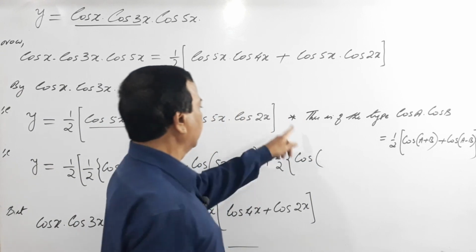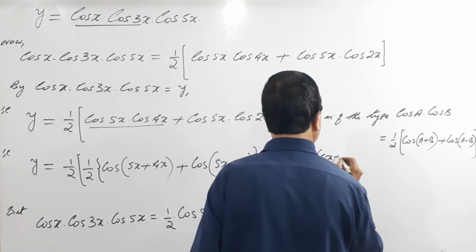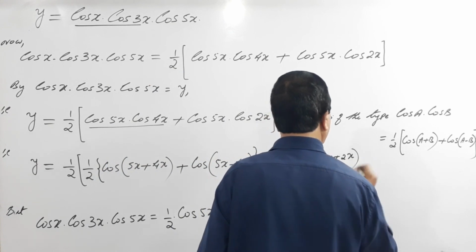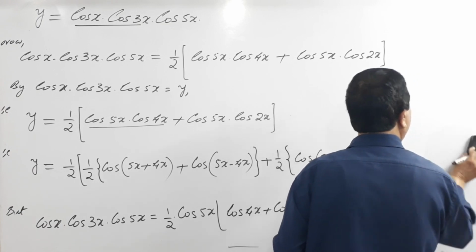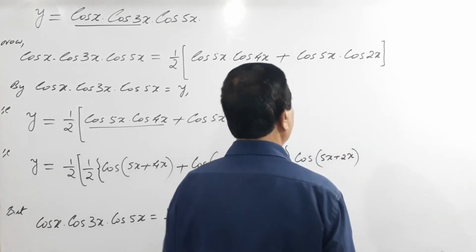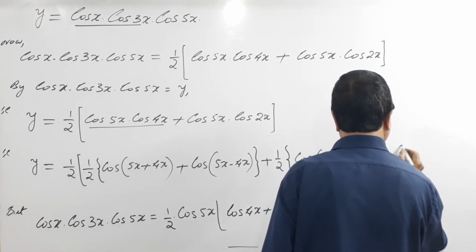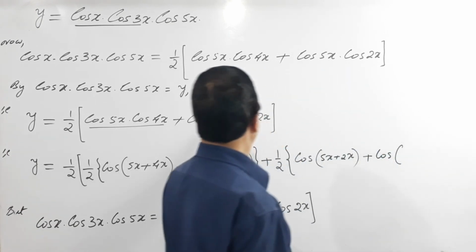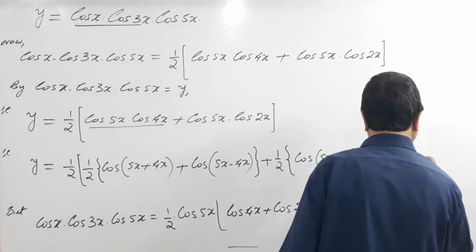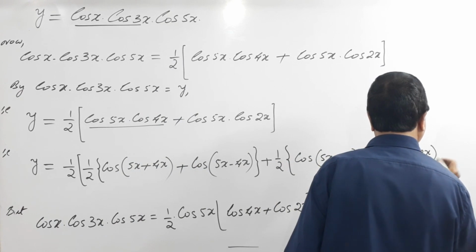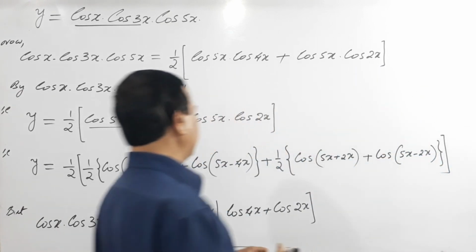Cos of, here A is 5x plus 2x, plus cos of A minus B, 5 minus 2, that is 5x minus 2x.